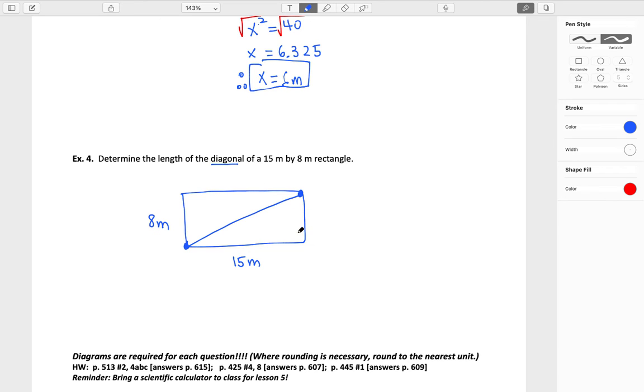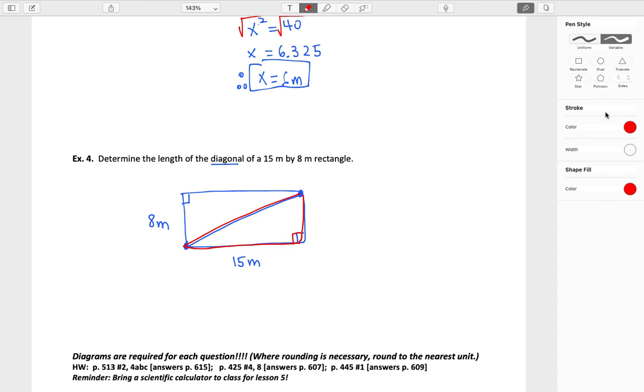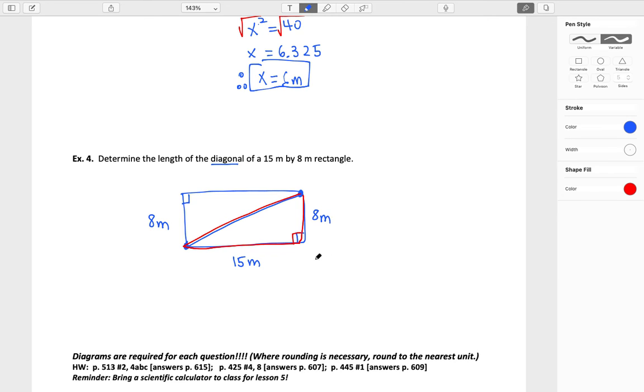You notice that it separates into two triangles, so let me concentrate on the bottom triangle. If this is 15, then this also must be 8 meter because it's a rectangle. So this must be the hypotenuse, which is opposite from the 90 degree angle.